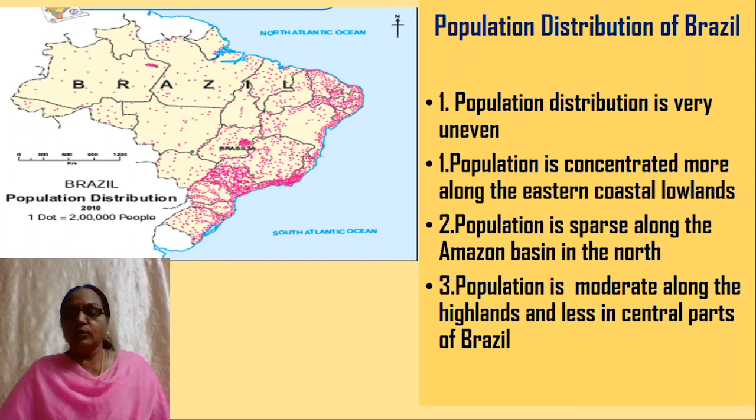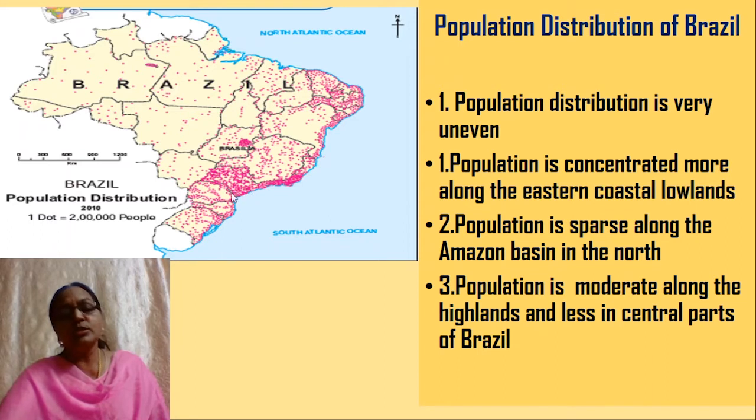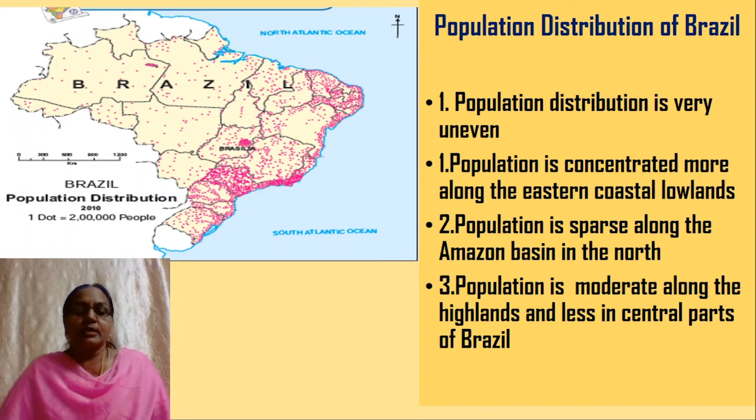Again, along the coastal regions and even along the southeast part of Brazil, we find the population is very dense because of the favorable climate, and also because this region receives plenty of rainfall and because of the presence of many industries here. We also have important cities like Sao Paulo, Rio de Janeiro, etc., which are situated along the eastern part of Brazil.